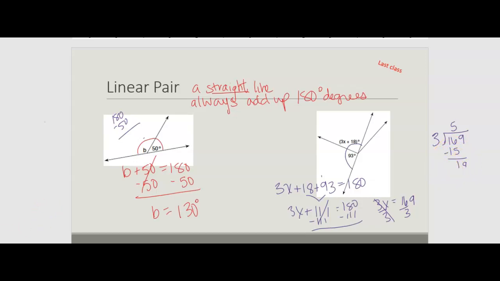Ooh, does this not go evenly? Let's grab our calculator. No, it does not go in evenly. 3 goes into 19 6 times. Oops, 6 times. And you're left with one left over. So this is also 56.3. And that's totally fine to have decimals, just wasn't quite expecting it.